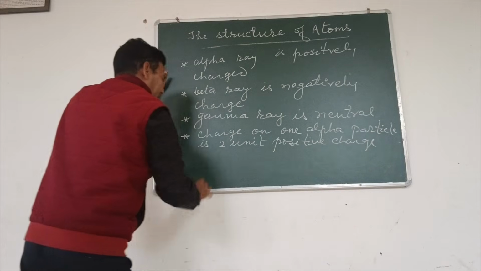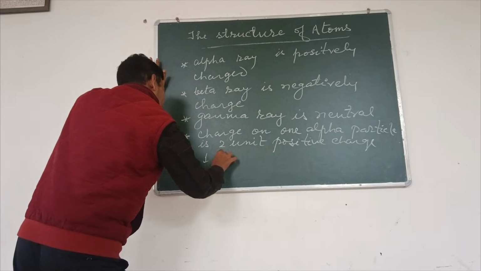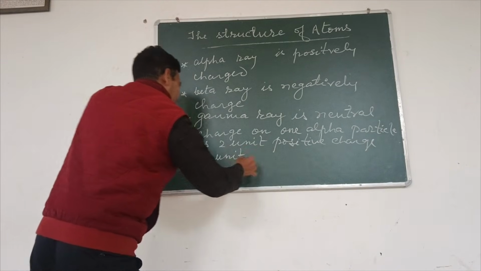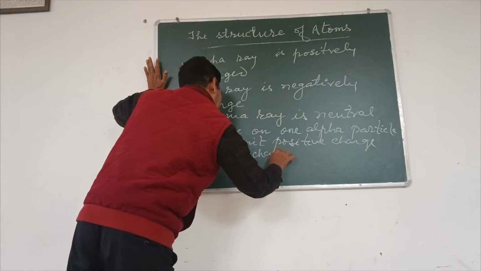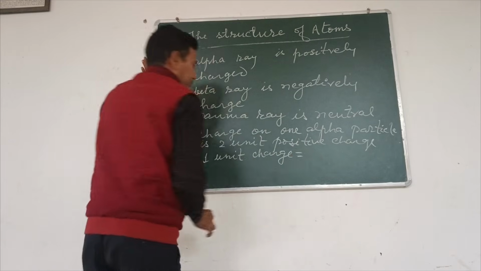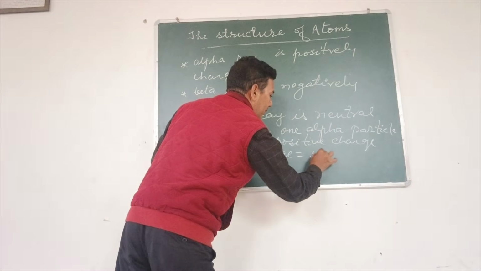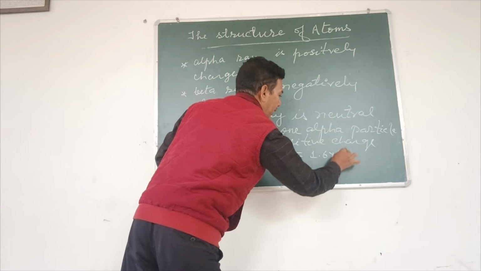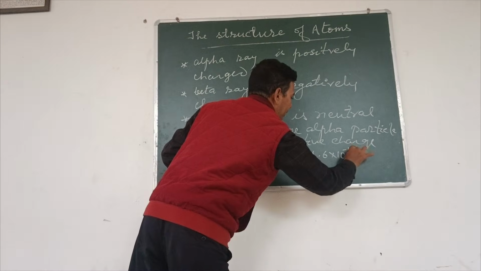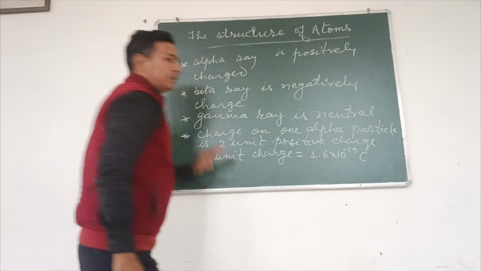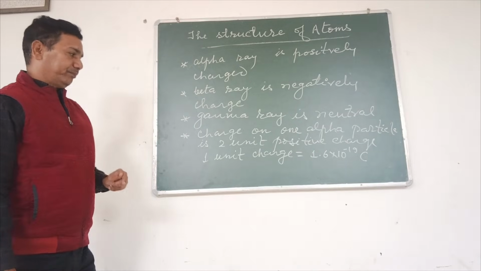We must know that 1 unit charge equals 1.6 × 10^-19 coulomb. Coulomb is the SI unit of charge.